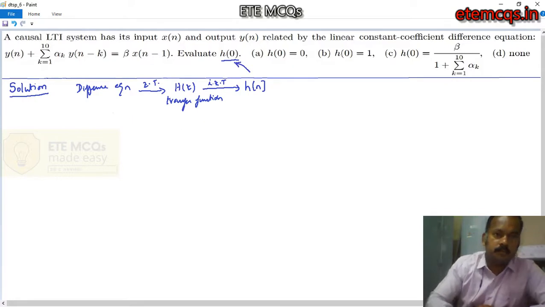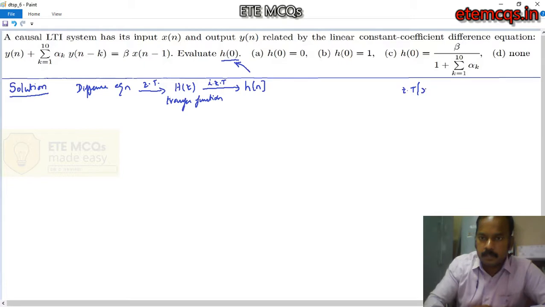Now let us take Z transform on this difference equation. We already know, based on the time shifting property, that taking Z transform on x of n minus k, we get z power minus k into X of z.